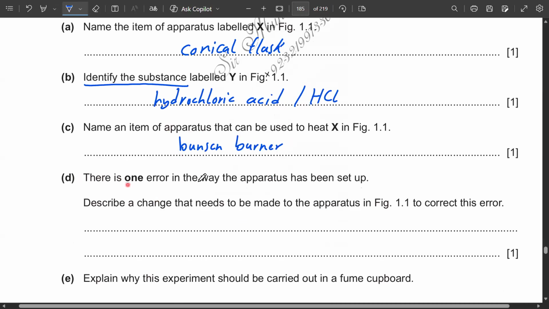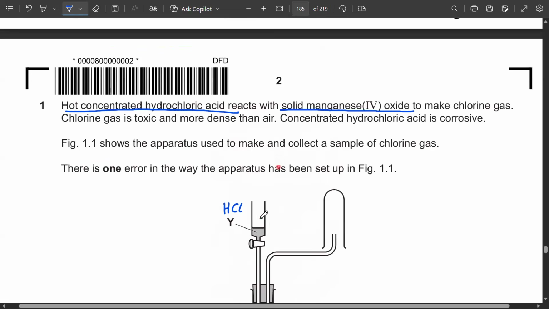Then D says there is one error in the way the apparatus has been set up. Describe a change that needs to be made to the apparatus in figure 1.1 to correct this error. All right, so if we look at this picture again, we find that there was the statement chlorine gas is toxic and more dense than air.